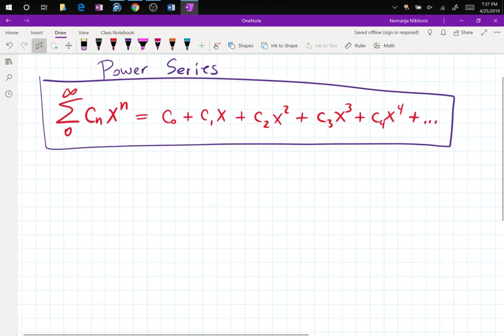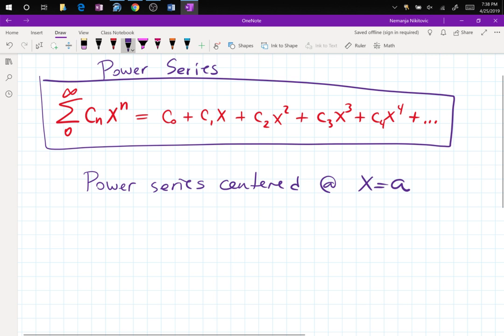So now, power series can be centered at a number a on the x-axis. So a equals 3, power series centered at 3. So power series centered at x equals a: summation Cn times (x minus a) to the n.